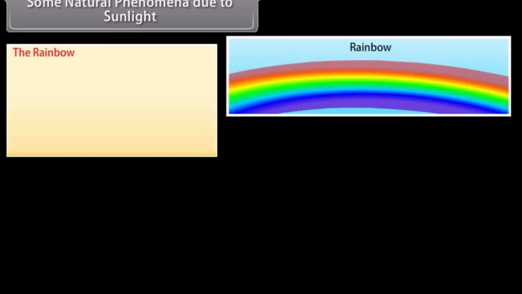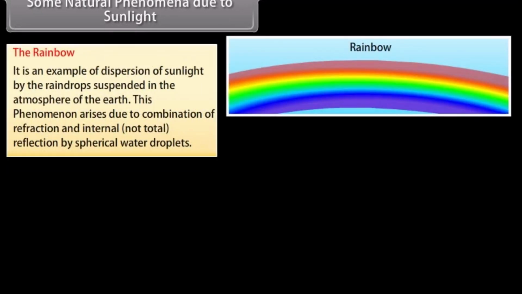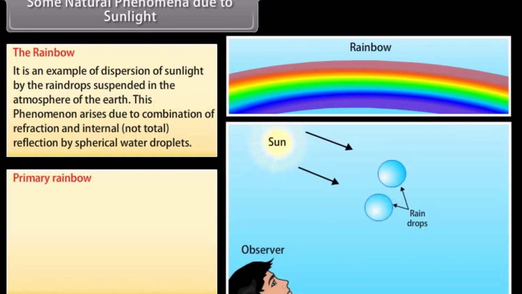Some natural phenomena due to sunlight. The rainbow. It is an example of dispersion of sunlight by raindrops suspended in the atmosphere of the earth. This phenomenon arises due to a combination of refraction and internal, not total, reflection by spherical water droplets. Primary rainbow.